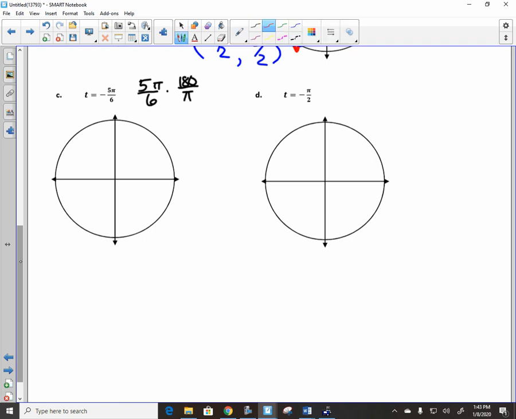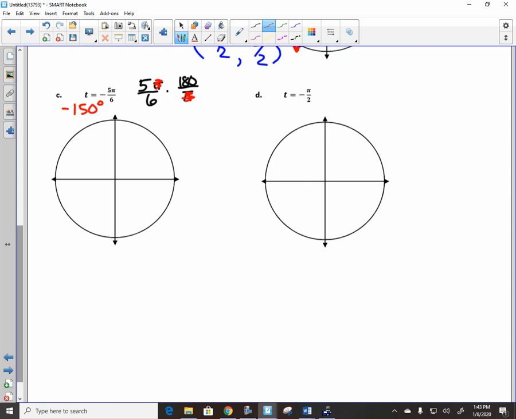Notice that the pi's cancel. What's 180 divided by 6? 30 times 5? 150. So negative 150 degrees.